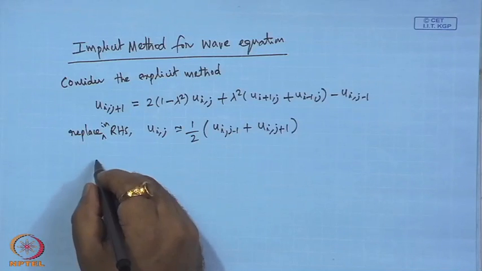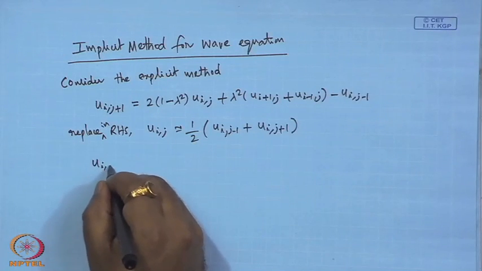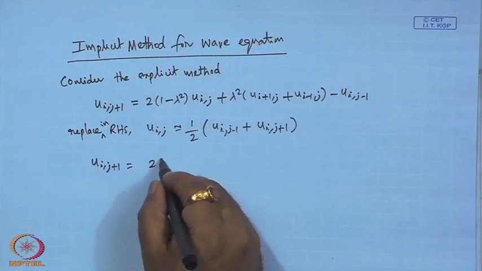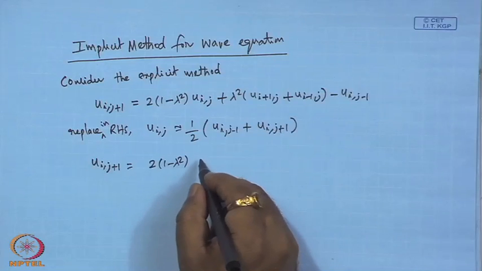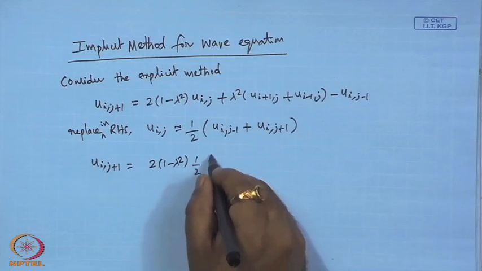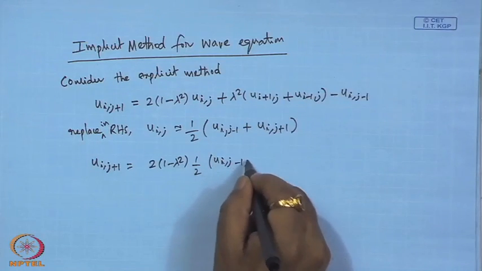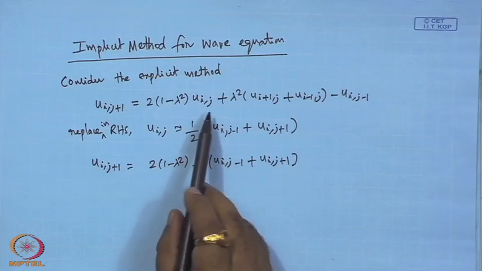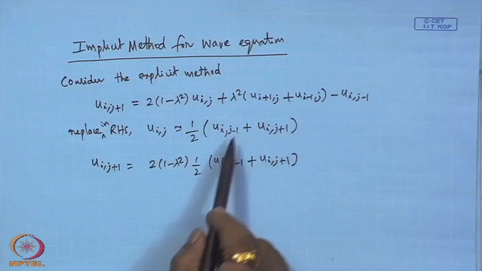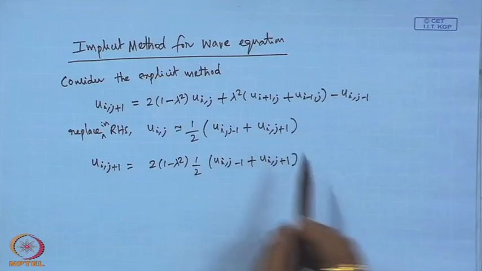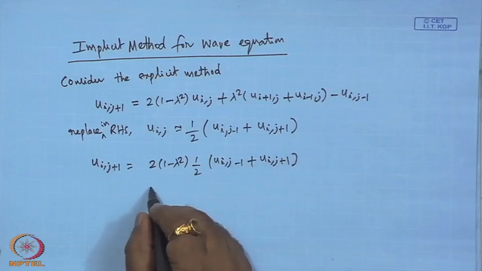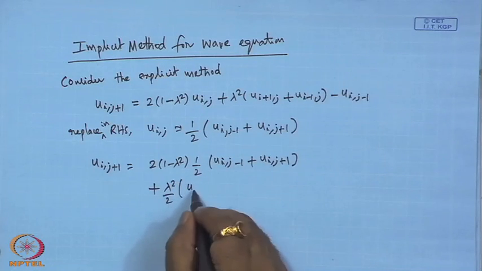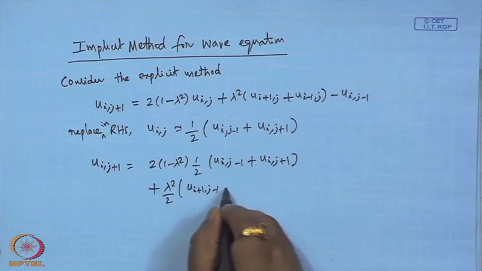So, then if we do that, we get, so that means we are expanding the scope of the levels. So, j to j minus 1 and j plus 1, plus u I plus 1 j minus 1.